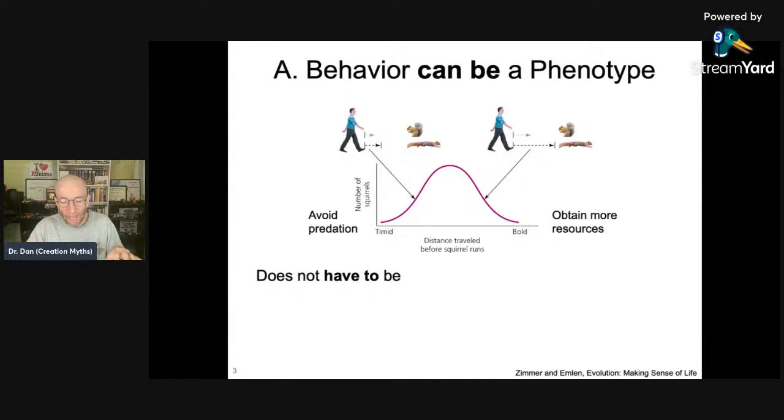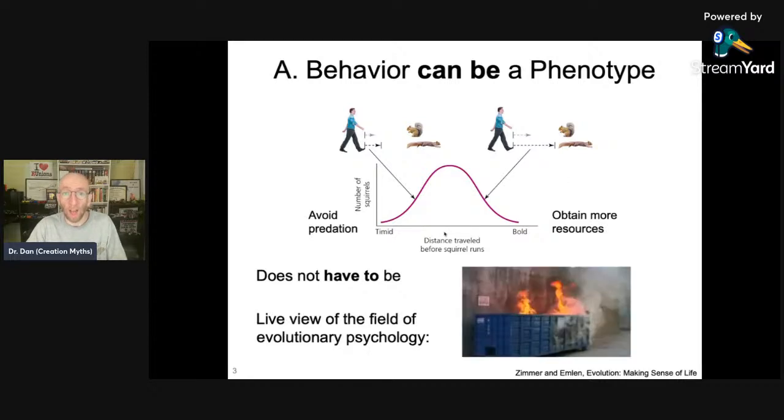There is a very loud field, and I'm hesitant to call it a field of evolutionary biology, that is all about this, and that is the field of evolutionary psychology. Let me just go to a live view of the field of evolutionary psychology right now. Evolutionary psychology is an absolute dumpster fire. It is terrible.